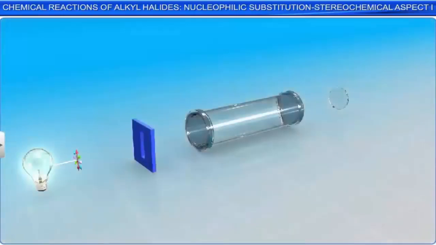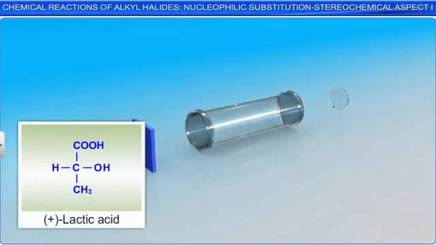For example, the lactic acid extracted from muscle tissue rotates plane polarized light to the right, and hence is known as dextrorotatory lactic acid or plus lactic acid.